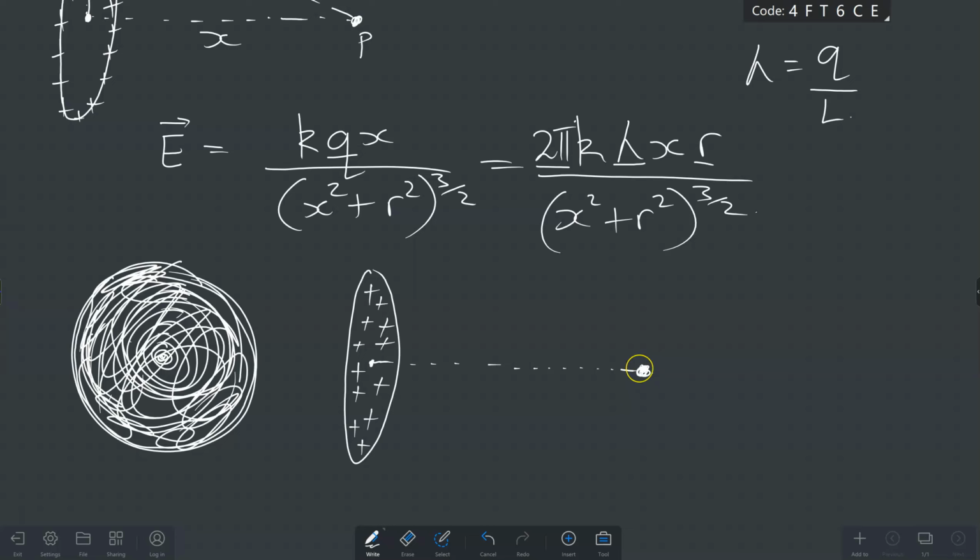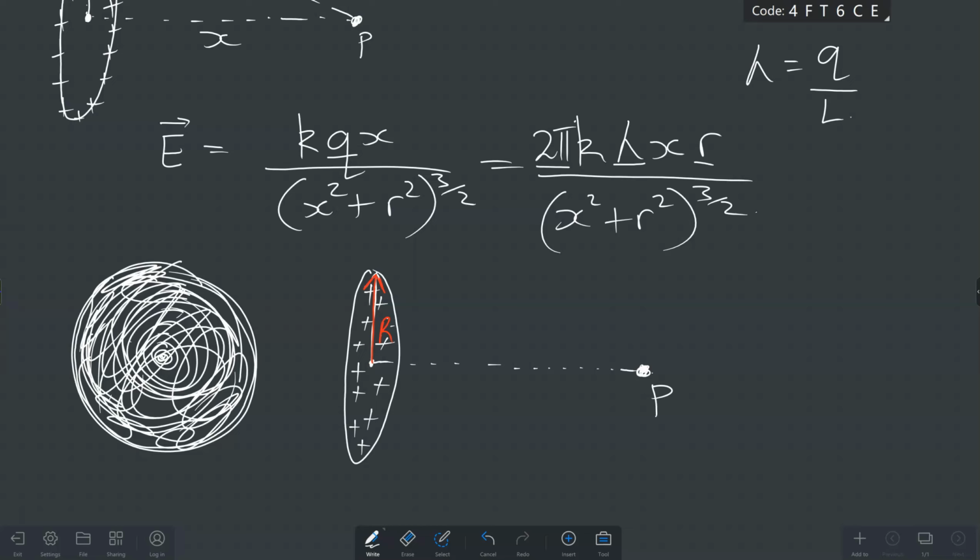We still have our point P. And this disk of charge is of radius capital letter R. So let's put capital R for the radius of the disk. So that is the radius of the disk.